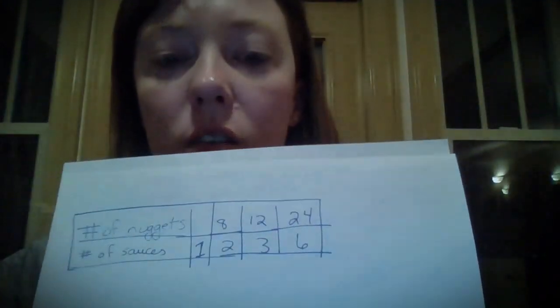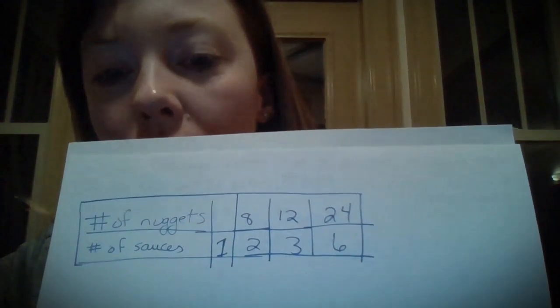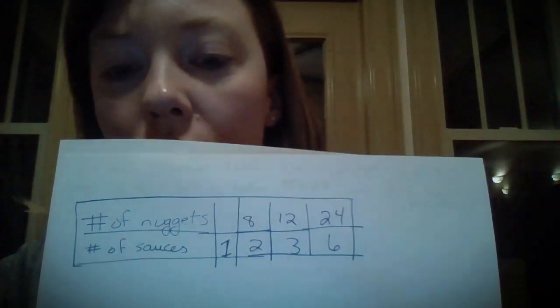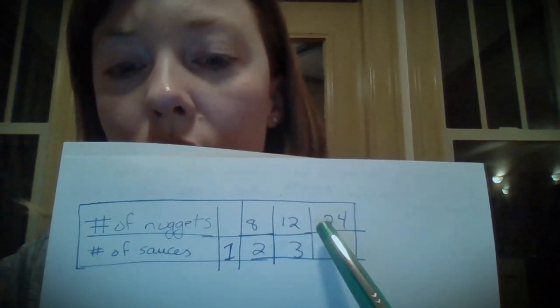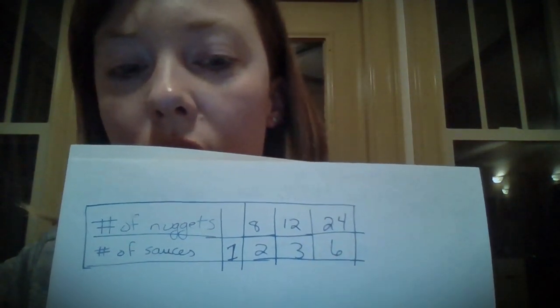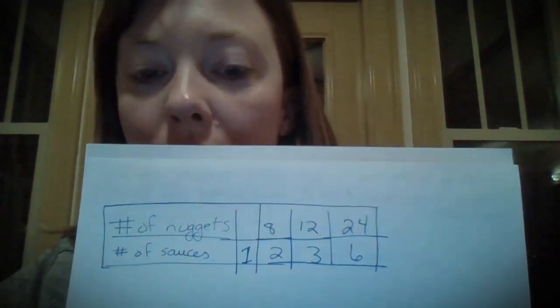So in this case, if you have 8 nuggets, they'll give you 2 packets, versus 12 nuggets, you get 3. And if you have 24 nuggets, they'll give you 6 packets. So we want to know how many nuggets they give you per packet.